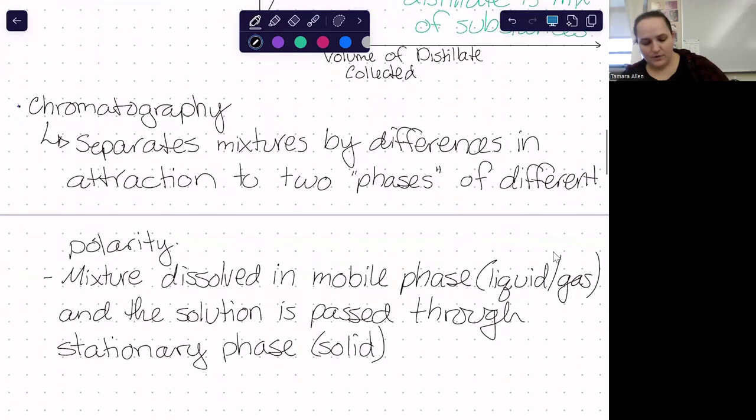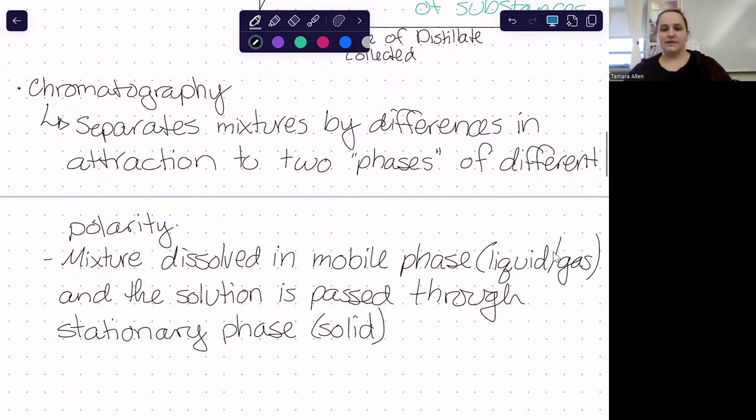So your mixture components that are dissolved in the mobile phase are going to have some amount of intermolecular forces with the mobile phase. As that mobile phase solution is passed through the stationary phase, they will also have some amount of attraction to those stationary phase particles. And they are going to be more attracted to whichever phase is more similar to their own polarity.